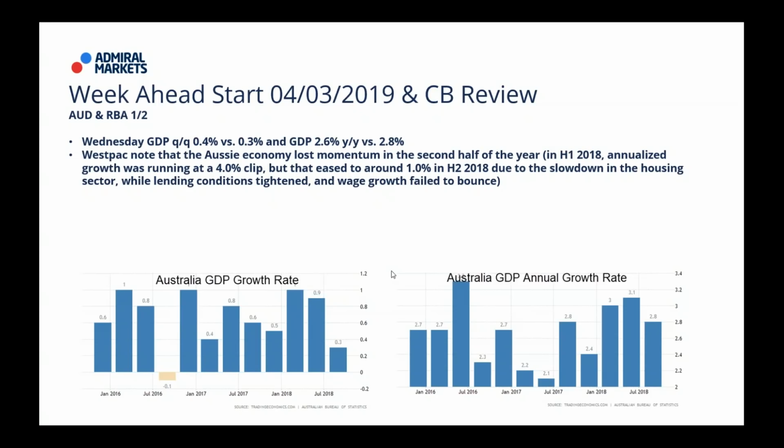Westpac notes that the Aussie economy lost momentum in the second half of the year. So we were running at 4% in H1 18, and then we came off to 1% in H2. That is horrible. That is one of the reasons why the Aussie dollar came off. And Andrea, thank you. She posted a picture to our traders last weekend in our chat about Japanese GDP growth, which came in poor for the fourth quarter.